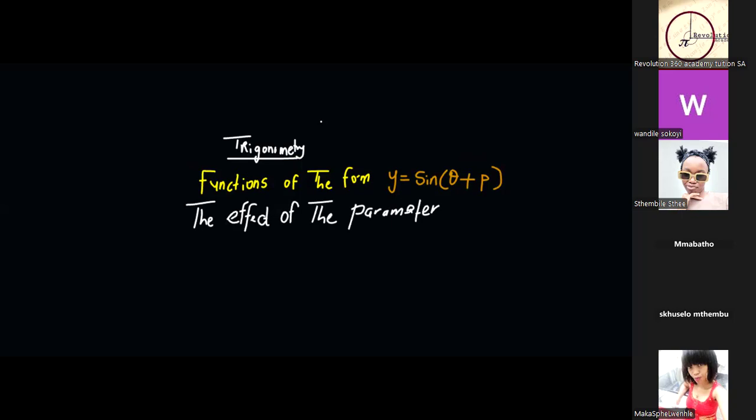You can write notes, the effect of P, but it's not a lot of notes.